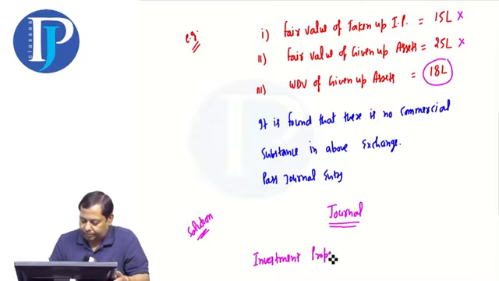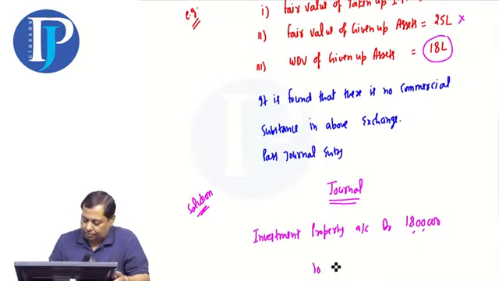Investment property debit 18 lakhs to given up assets.